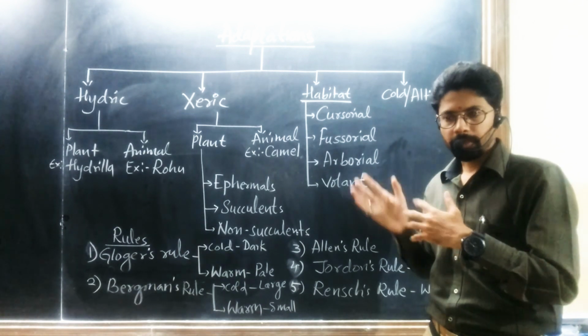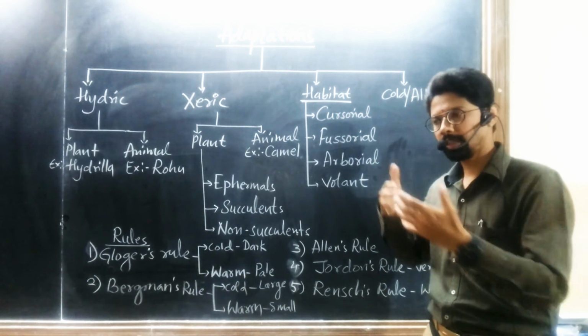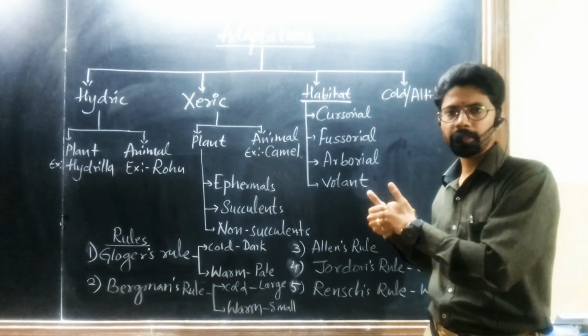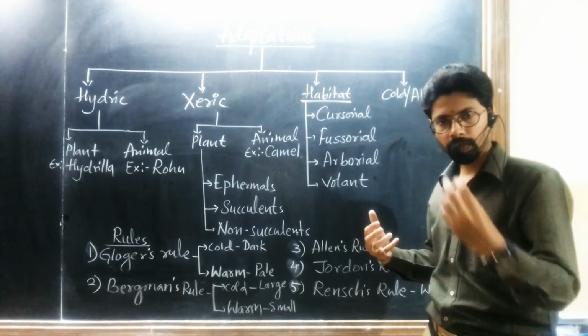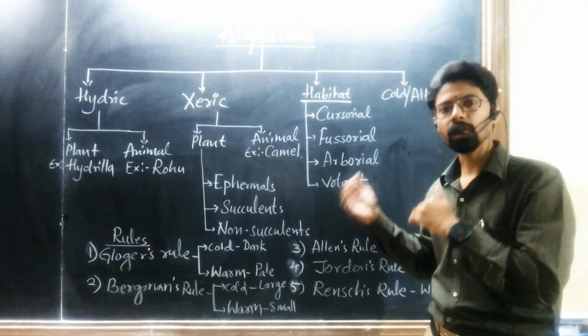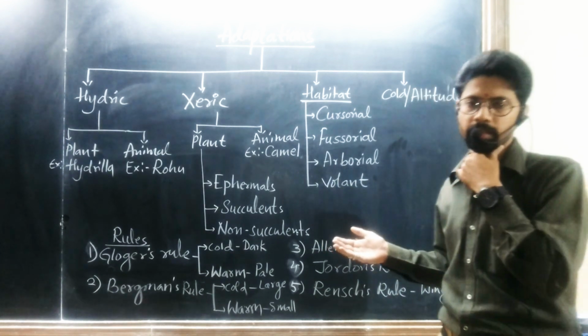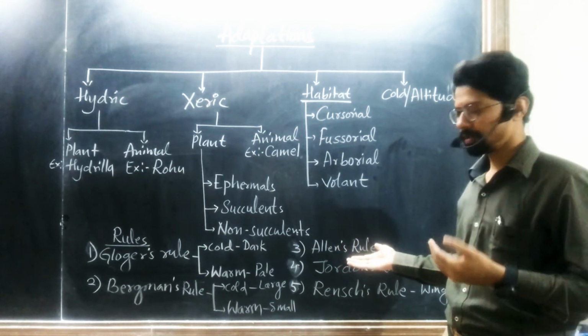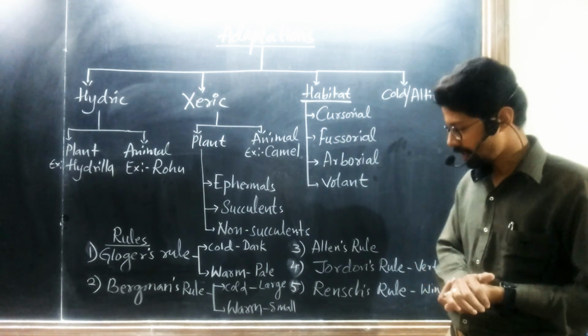Take a different species of the similar family, the dog family, a fox living in tropical regions. In tropical regions, they have longer legs, longer snout, longer ears, longer tail. This is a difference between two related members of the same family with respect to cold and warm habitat. This is called Allen's rule.